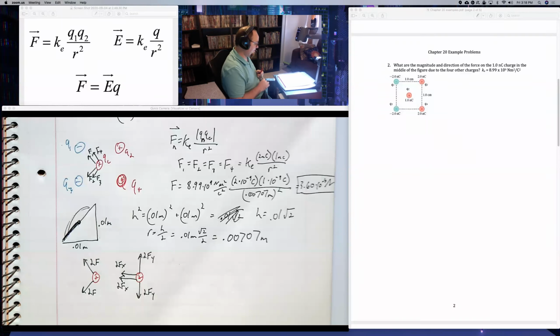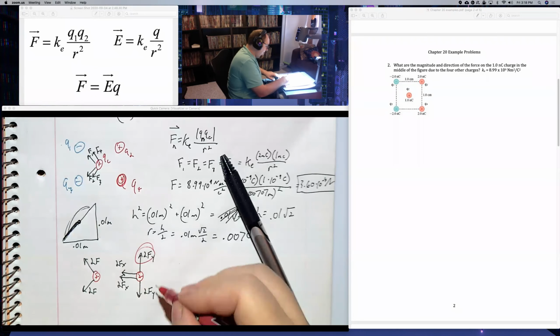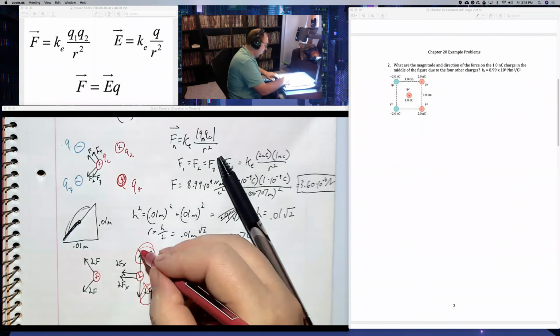Yes, it is. But before I even say the 45 degrees, let's just look at these y values. The up and down have the same magnitude, just opposite direction. This 2Fy up and this 2Fy down are going to cancel each other out.